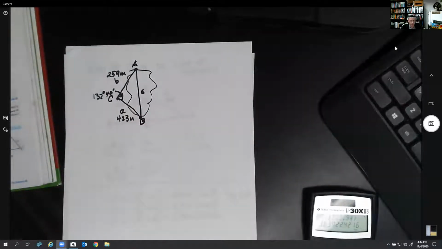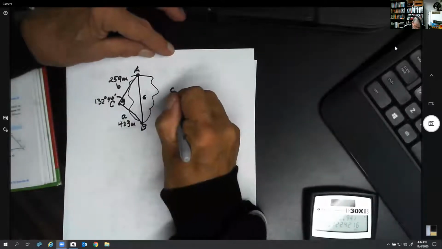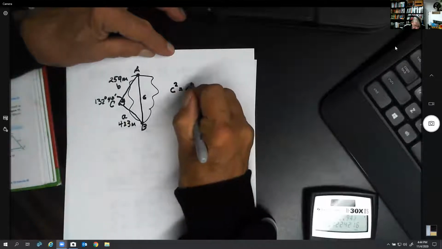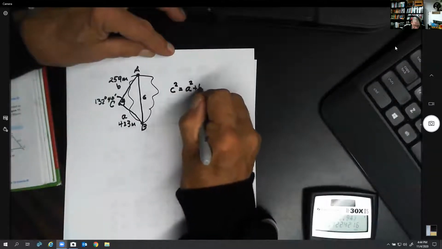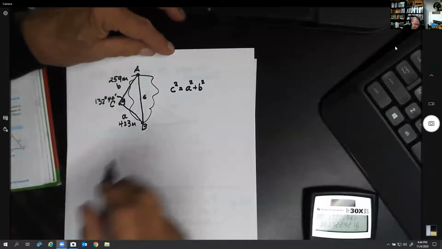Just looking at this formula might be a little hard to remember, but c squared is equal to a squared plus b squared, now, was it plus or minus?